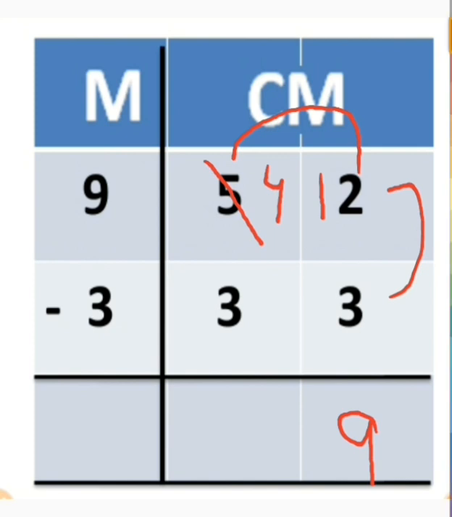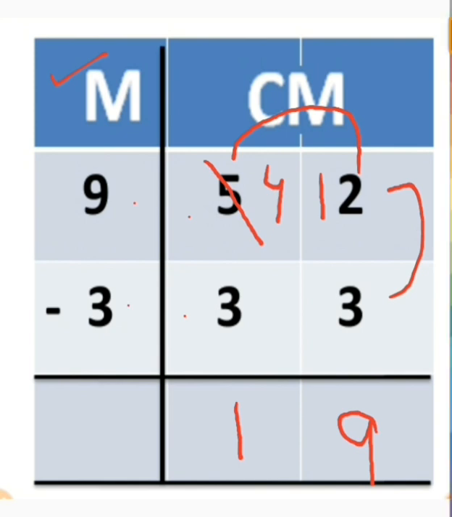Now let us see the next column, children. In the next column we have 4 and 3. So 4 minus 3 is 1. So we will write 1 in the centimeters column. Now children, we will see the meters column. In the meters column we have 9 and 3.